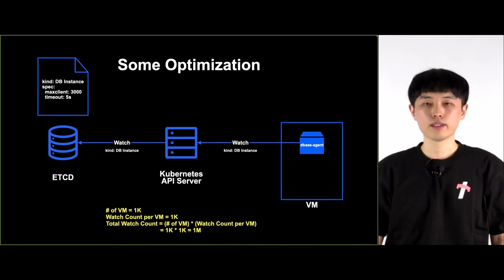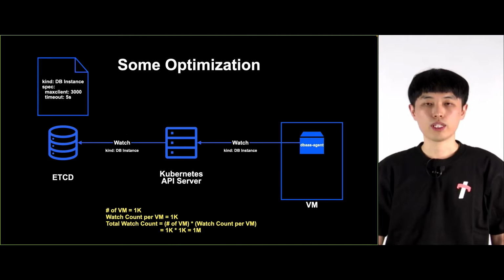For instance, let's say there are 1,000 VMs, and if there are 1,000 VMs, we need 1,000 custom resources to correspond to the VMs. So within a VM, the agent will watch the custom resource. Generally, watch senses all of the changes in the custom resource. So one watch will be observing 1,000 resources.